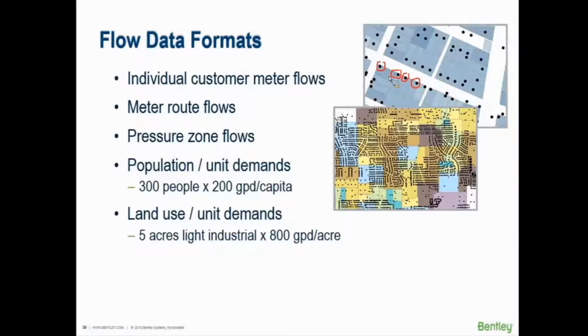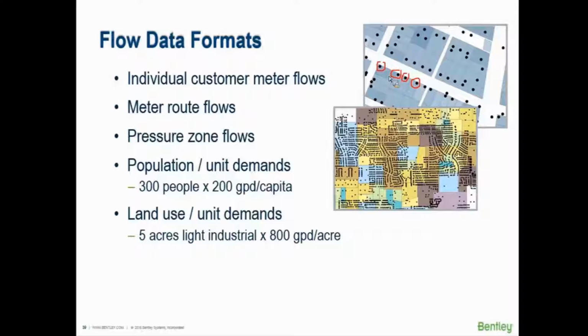Or moving in the other direction to less precise, we could have polygons that represent densities. So the polygon has we know 300 people are in that polygon, and we know there's 200 gallons per day or 100 gallons per day per capita, or maybe even it's acres in land use. So there's different methodologies you can use to load the model, and we'll go in the workshop.